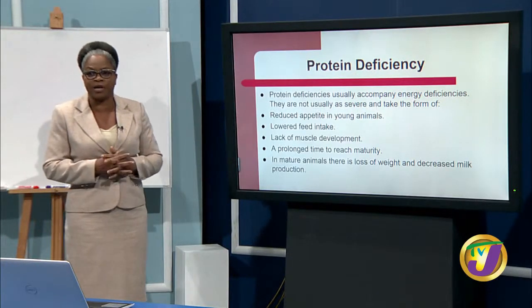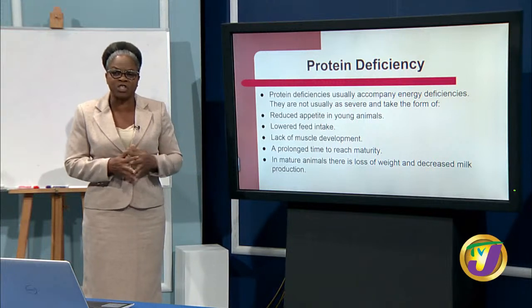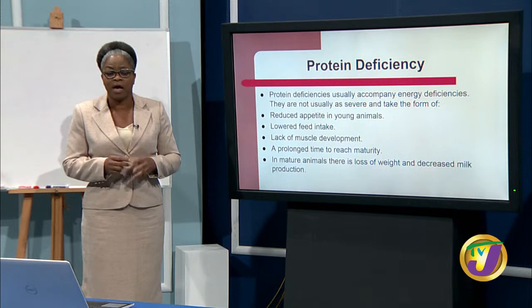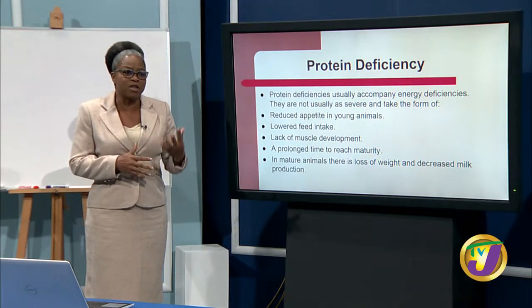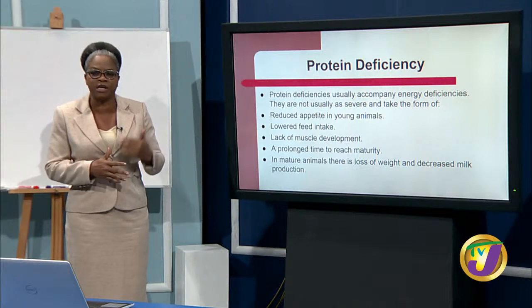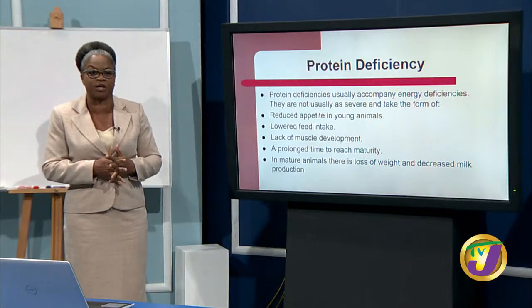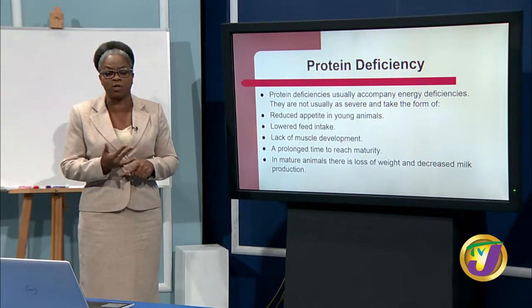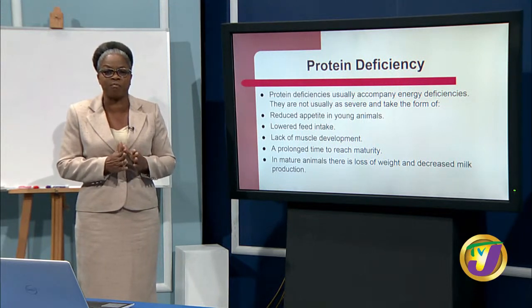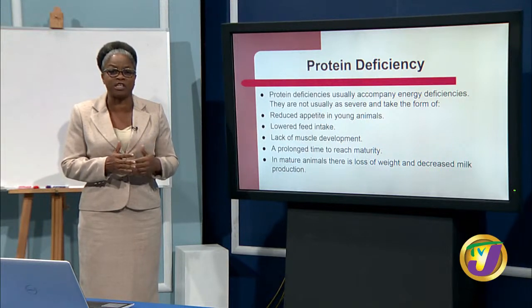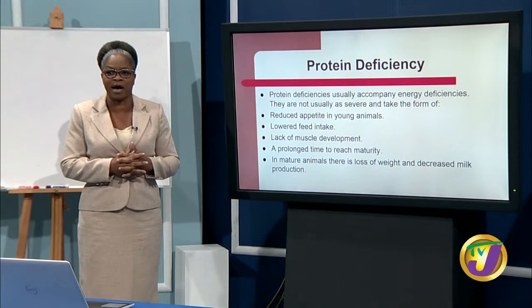Like energy, students, protein deficiency could also be present in animals if they are malnourished. And even though it may not be as advanced as energy deficiency, there will still be some amount of deficiency in animals if they're lacking in protein, because protein and energy are very important in the diets of our animals, and protein especially for our younger animals.